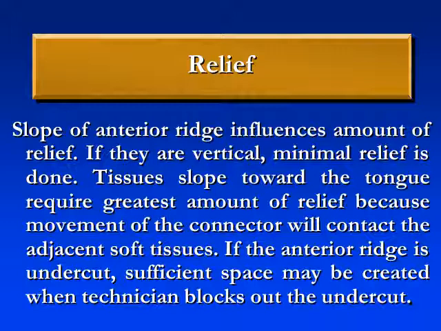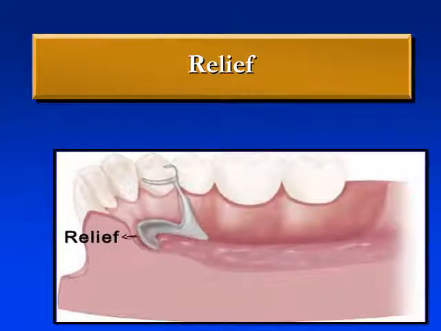So the blockout here will be enough to prevent contact between the lower major connector and the soft tissue. As we see in this figure, this area represents the space for the relief procedure, because in this area of the anterior ridge there is a slope between the soft tissues and the tongue space.